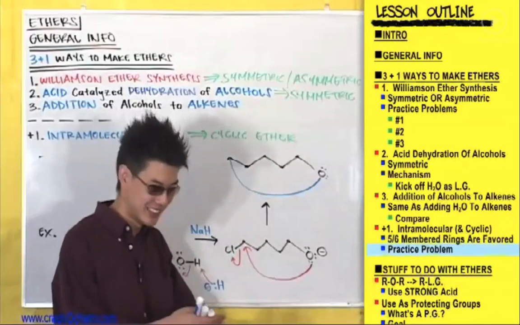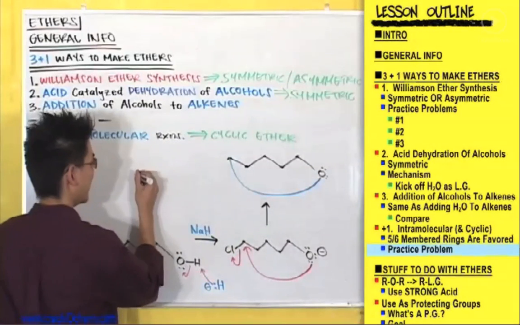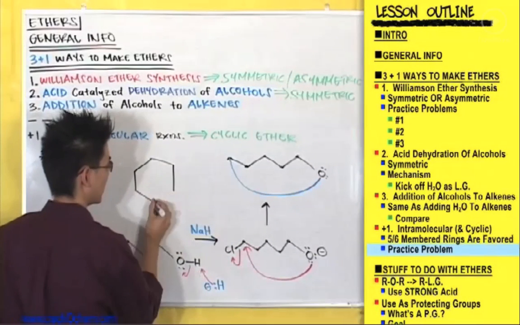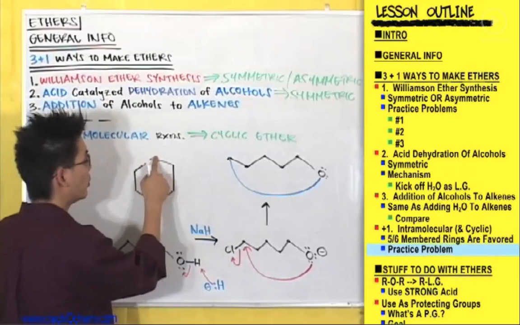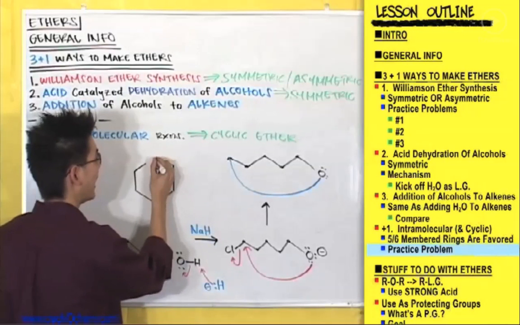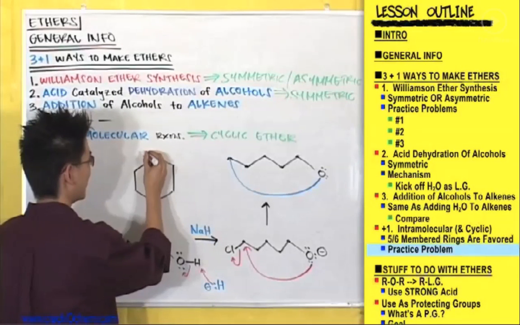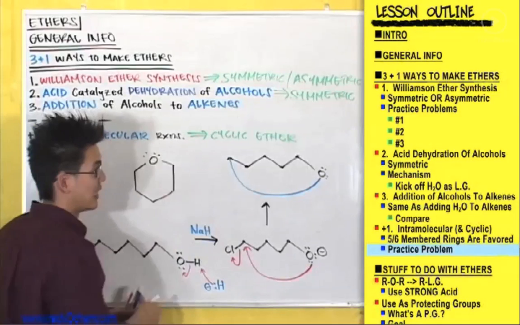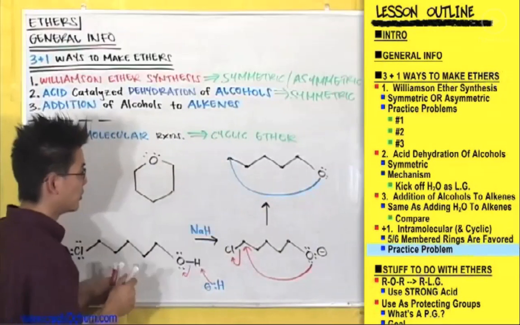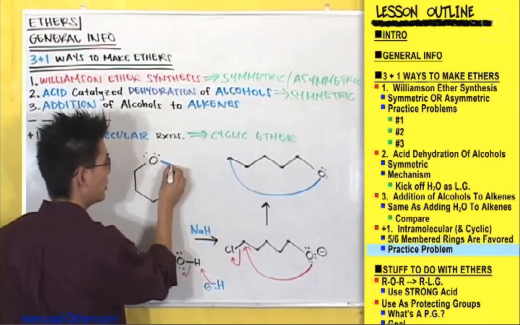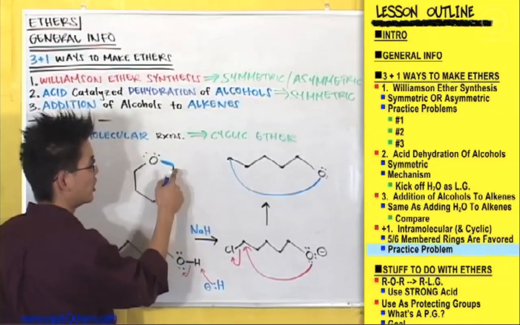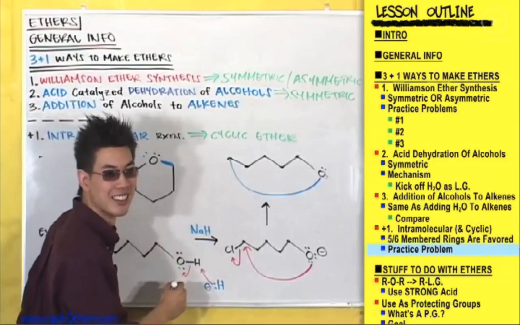A hexagon. So go ahead and draw a hexagon. There's a 6-membered ring, and let's make one of these members in this ring an oxygen. And this oxygen just bonded to a carbon, so if you want, you could draw this bond in blue, saying that this oxygen just bonded to this carbon right there, okay?